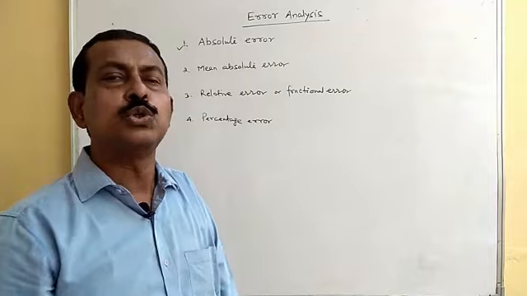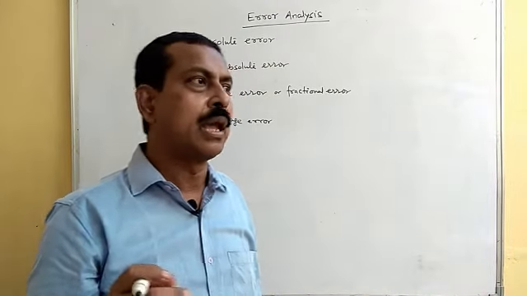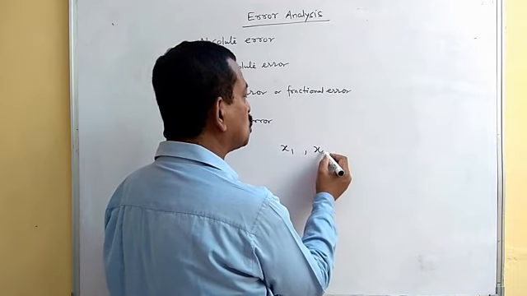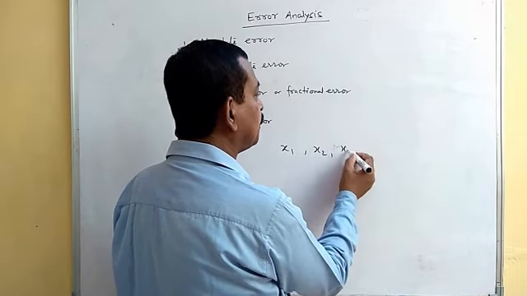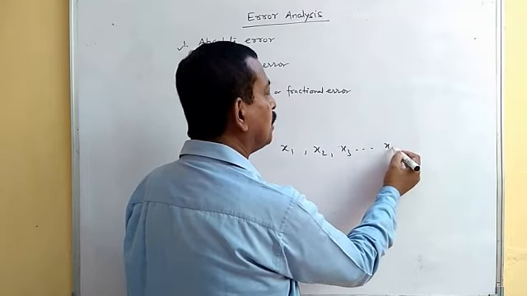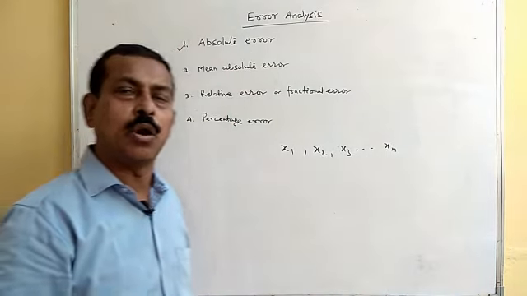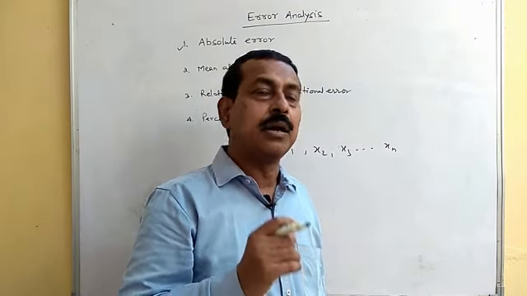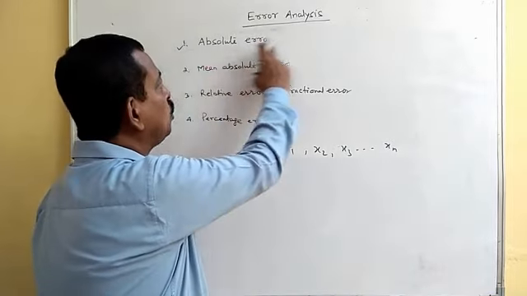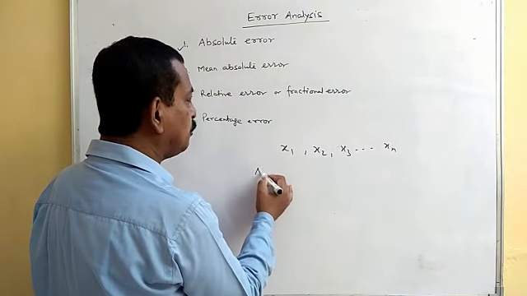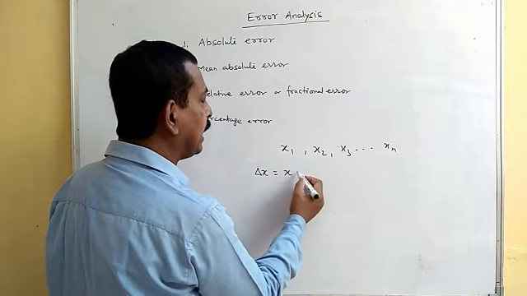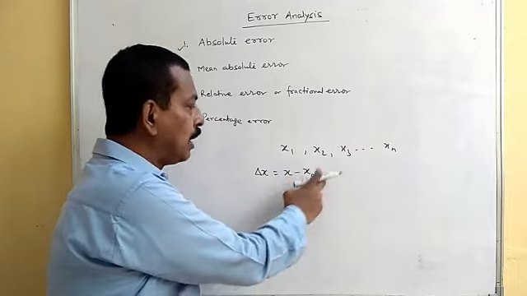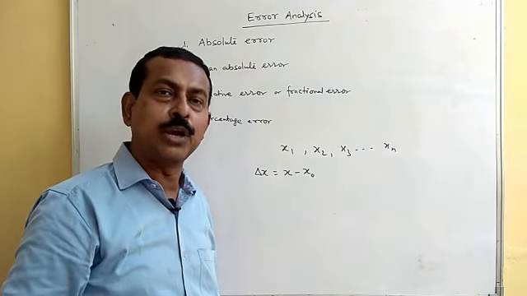Suppose you have one physical quantity and you have taken its observations as x1, x2, x3, like that. We have all these n observations. In this, if you just represent error, it will be x minus x naught. X naught we are using as mean value or true value.